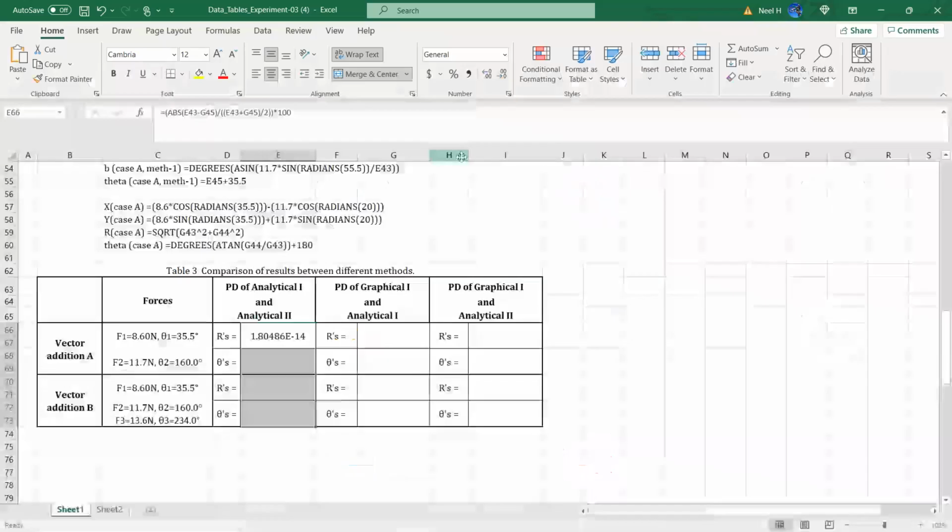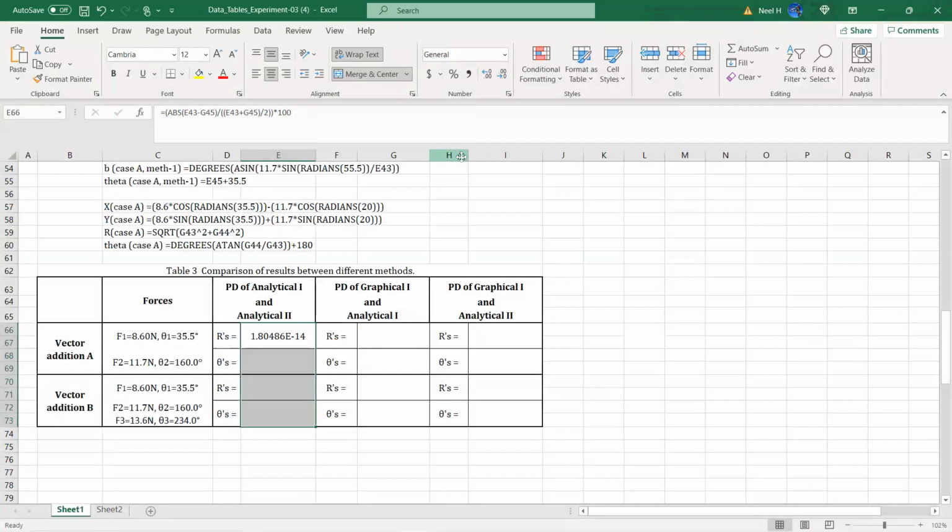Take a look. Because of this front panel, I can't see that. Okay, now it's good. All right, let's change this whole part into just numbers.